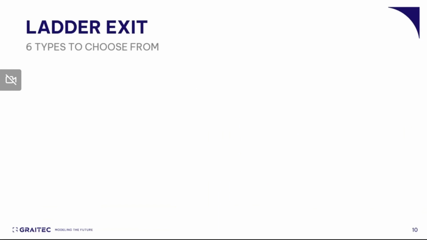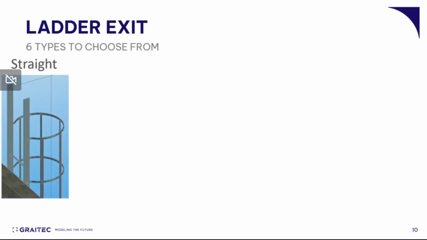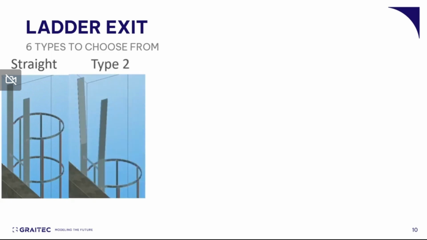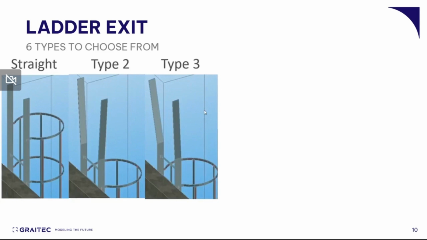Now we think about the ladder exit, and there are 6 possible types of exit, 6 shapes of exit to choose from. The first one is what they call straight, so there's not really any special exit, it's just the stringers continue going past the exit. Then you've got type 2 where the exit flares open, flares wider. Type 3 gets wider and leans back.